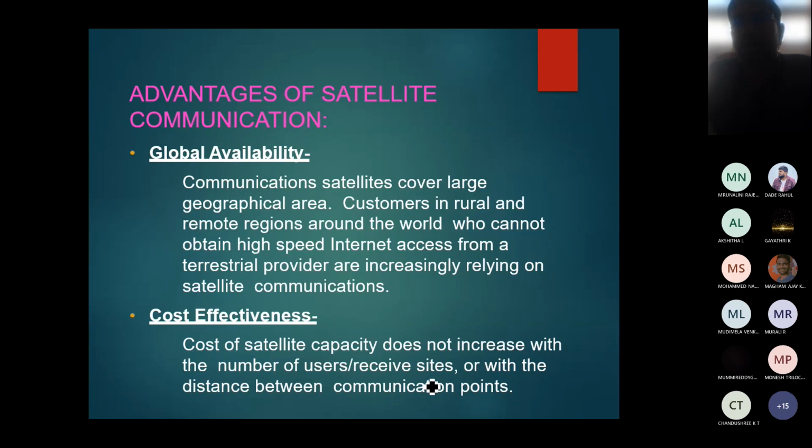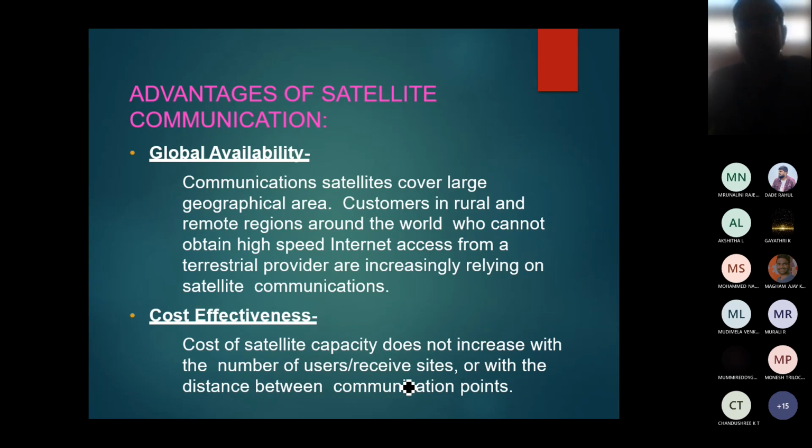Coming to the advantages of satellite communication, it has advantages as well as disadvantages. So what are the advantages? First one is global availability. That means communication satellites cover a large geographical area.